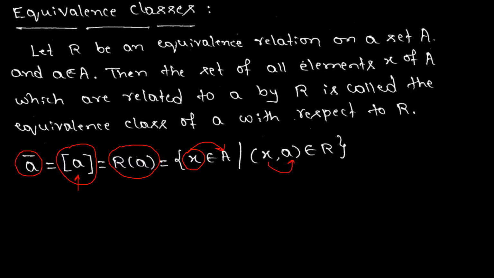That means if X comma a belongs to R, that is X is related to a, then take that X inside the set. If you repeat for all other elements which are related to a, you get an equivalence class which is denoted by this.